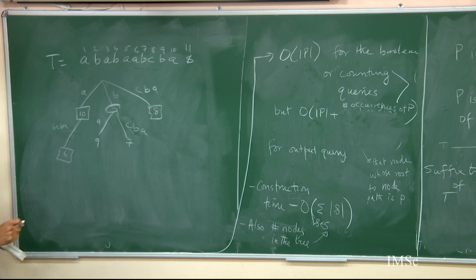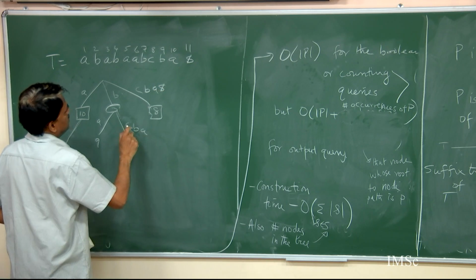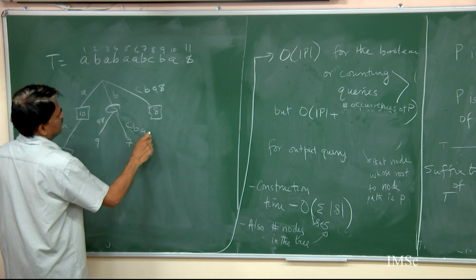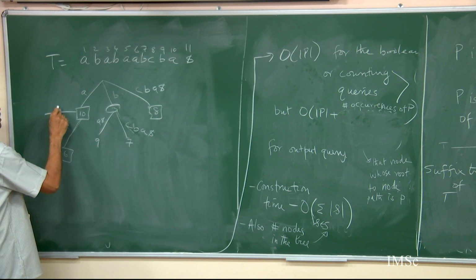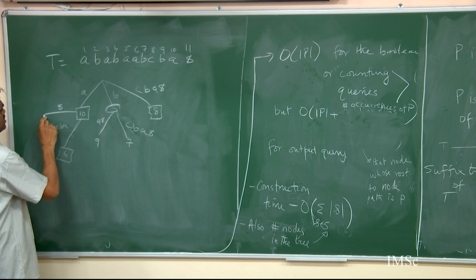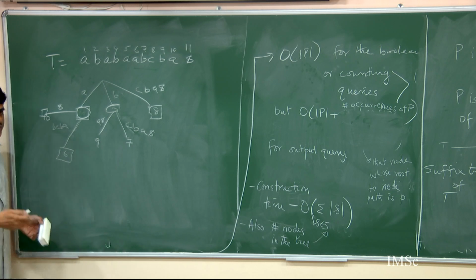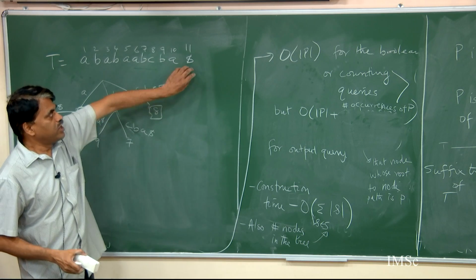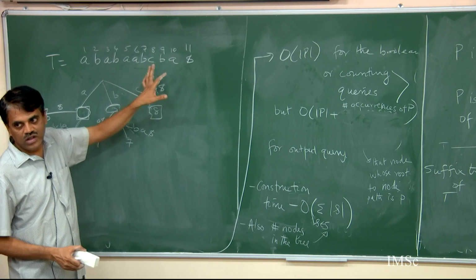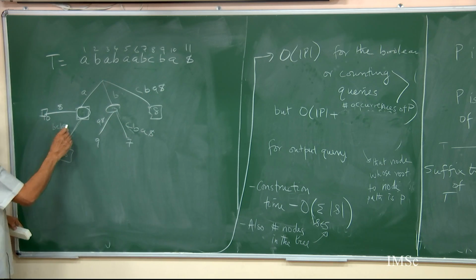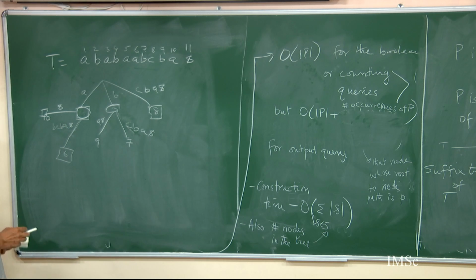Okay. So, CBA dollar, this will be A dollar, then I will have an A dollar here, which would be 10, not this guy. This would correspond to a leaf, because now no suffix would be a prefix of another suffix, because this is a new character which does not appear in my alphabet at all. So, we create a new dummy character. Now this corresponds to, okay, and then ABCBA is what I finished with, AABCBA.